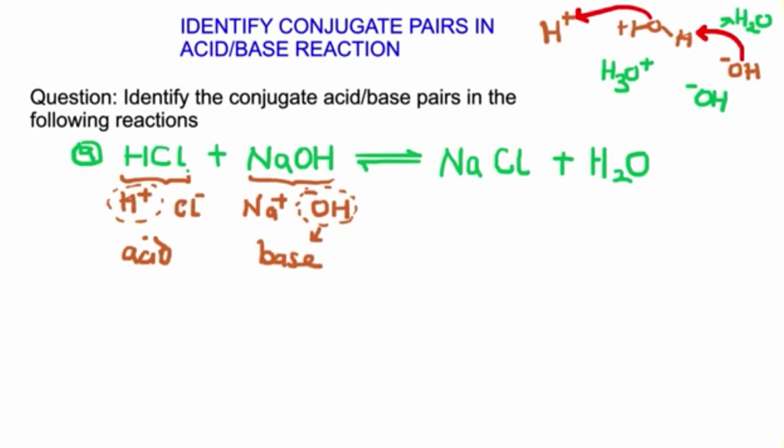Now we need to find the pair that actually matches the acid and base at the product end. Looking at the product side, we have this particular ionic compound.